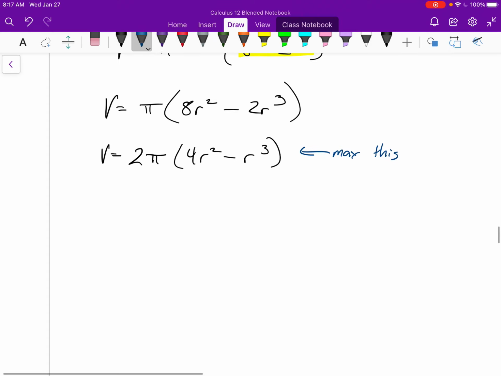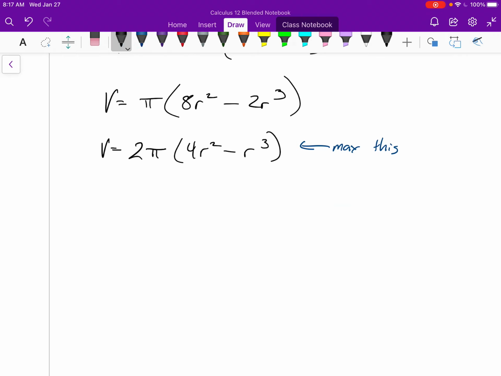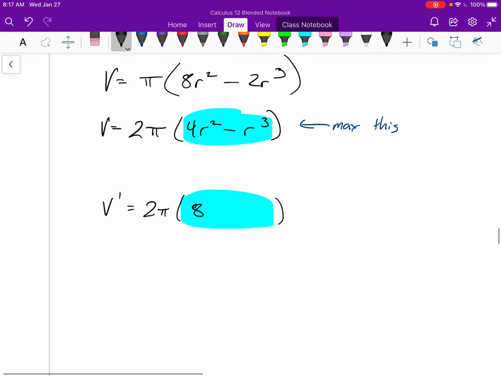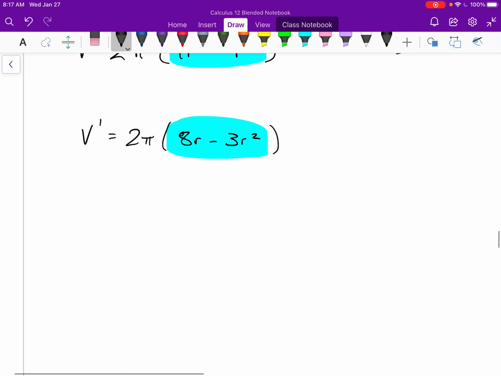And so when I differentiate this, it's really because I've chosen to clean it up a bit that I don't have to use chain rule, product rule, anything. V prime will be 2 pi times the derivative of this. And so now my critical numbers are where what you see highlighted in blue will equal 0.